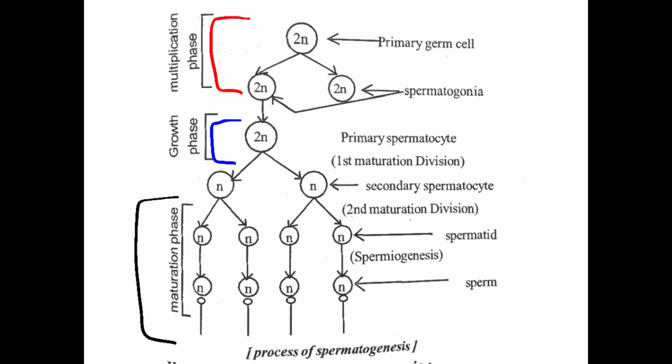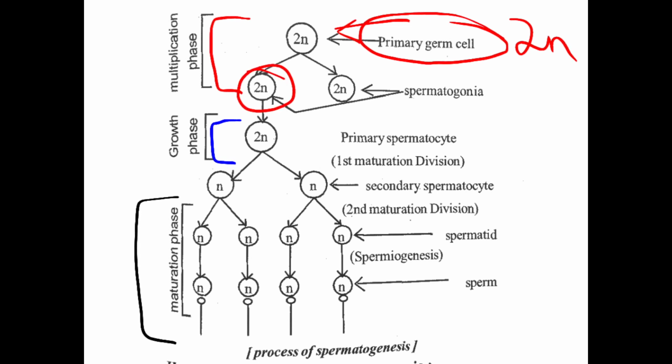In the phase of multiplication, first we take the primordial germ cell, which is diploid, and that undergoes the multiplication phase and forms spermatogonia.